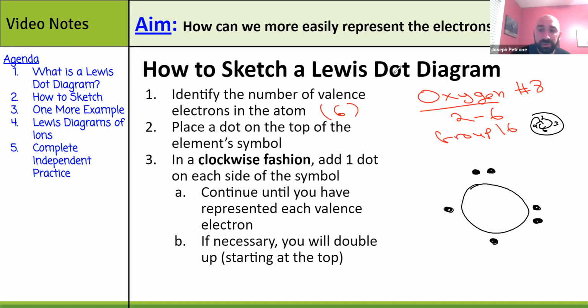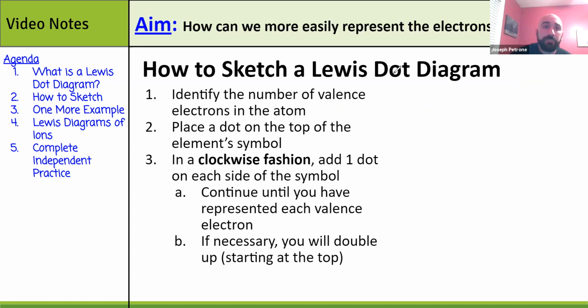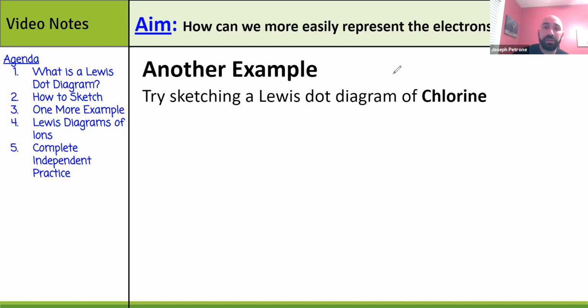So I'm going to clear this. Why don't you try sketching a Lewis dot diagram of chlorine? Pause the video, sketch it out, see how you do. Okay, so we'll just roll through this together.